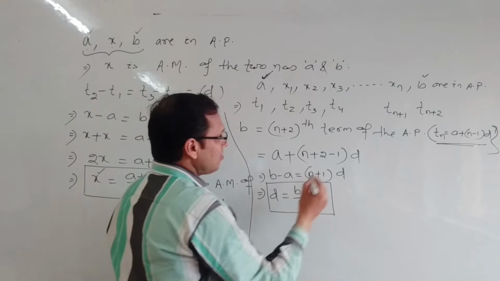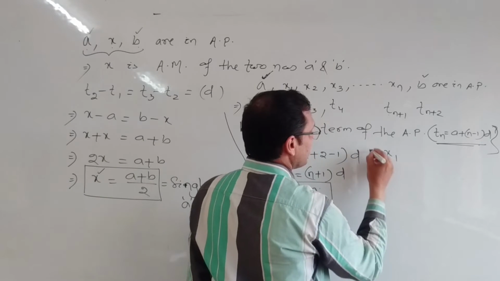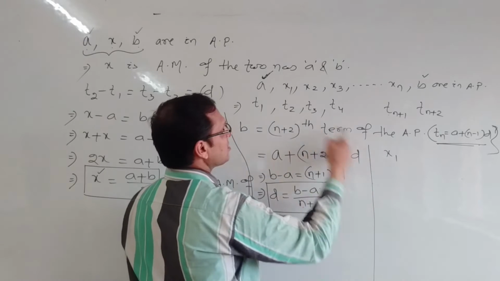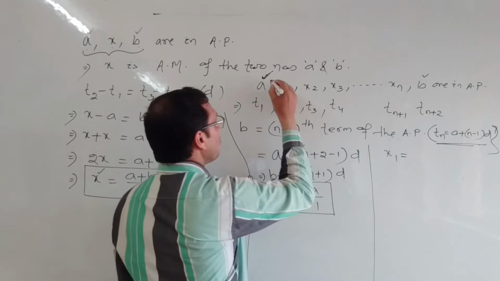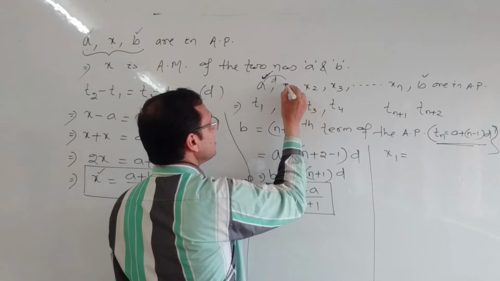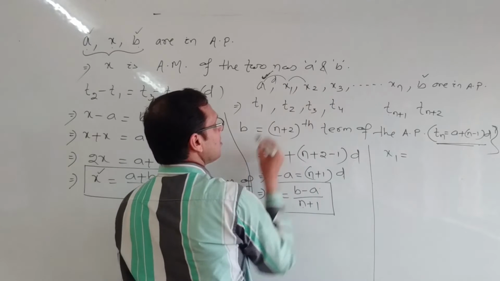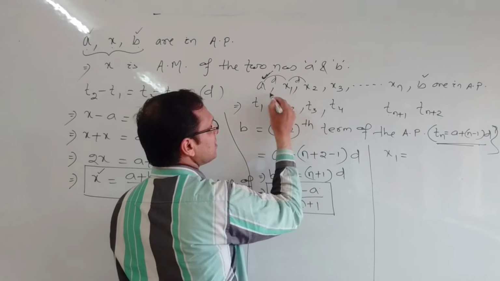Now you can find the first arithmetic mean, that is x1. x1 is equal to a plus d, and a plus 2d is equal to x2.